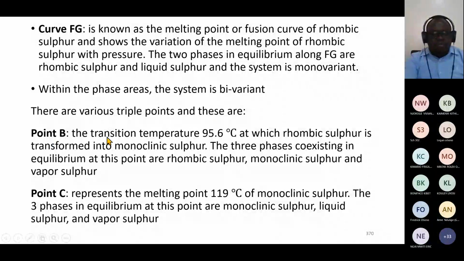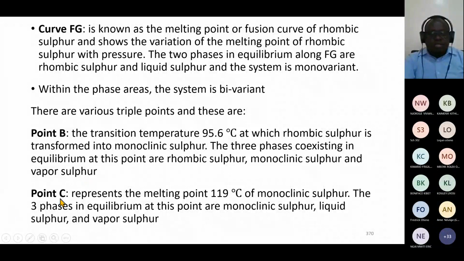So point B, the transition temperature, is 95.6 degrees Celsius, at which rhombic sulfur is transformed into monoclinic sulfur. The three phases that are coexisting in equilibrium at this point are rhombic sulfur, monoclinic sulfur, and vapor sulfur.